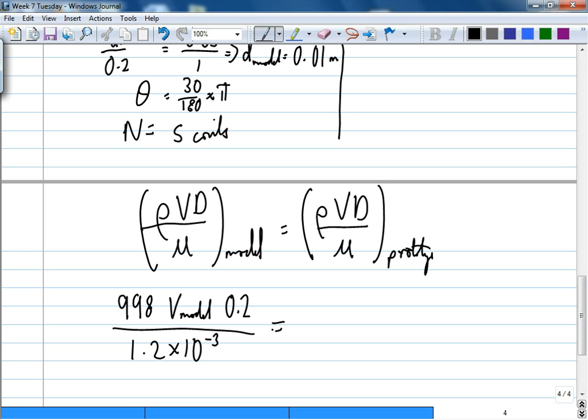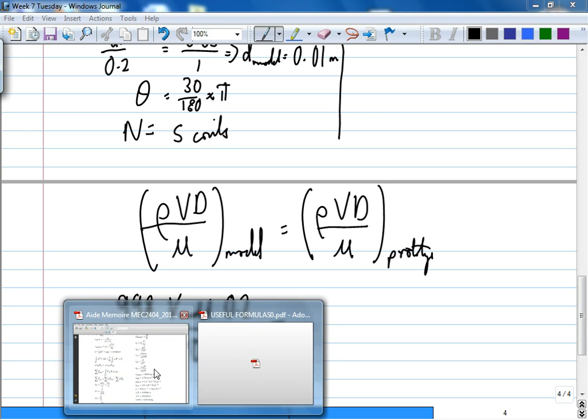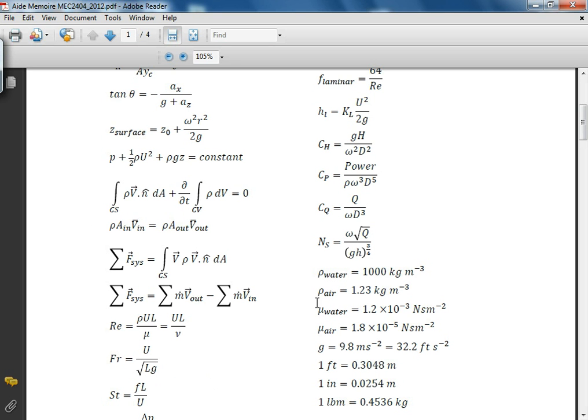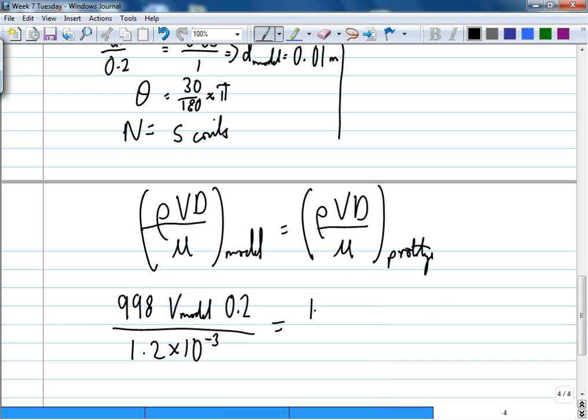Now, air density is what? If you cannot remember, check here. Air is 1.23, and 1.8 times 10 to the minus 5 for the dynamic viscosity. Is that correct?